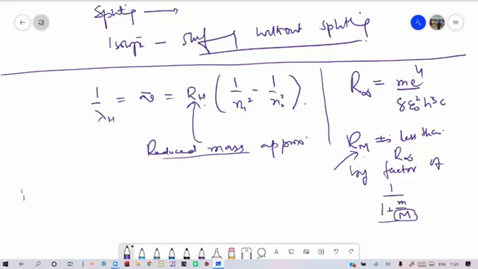We have derived this expression, I have shown you. So the Rydberg constant is different for atoms of different masses, and you derive or observe the spectral series by using that concept of Rydberg constant.